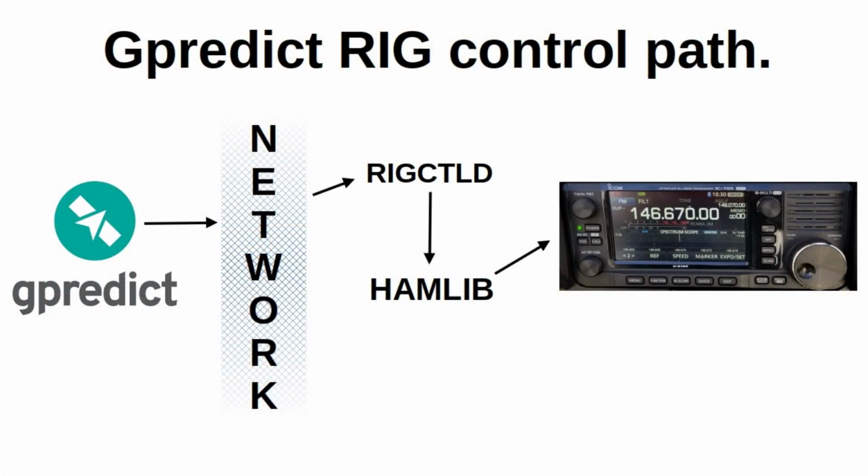So the chain of command is Gpredict sends commands through the network stack to a piece of software called rigctld, that is a daemon that's running in the background. And that program receives those commands from Gpredict and then talks through hamlib to your transceiver.